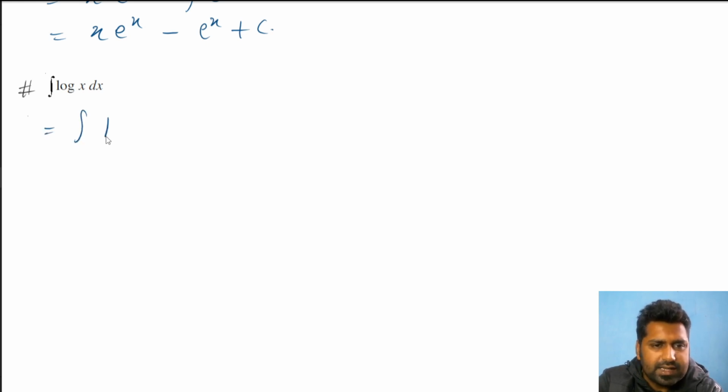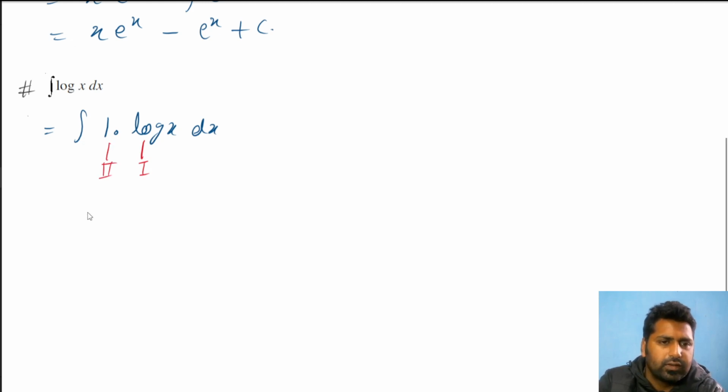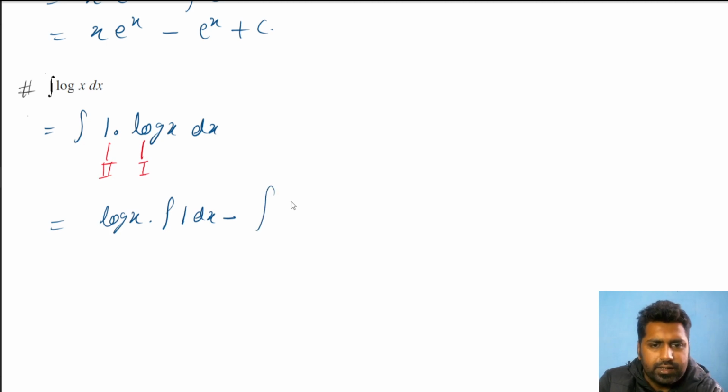So I'll modify this as 1 into log x, because 1 can be multiplied with anything. Consider now as your priority ILATE, inverse, and then L is for log. So this is your first function, this is your second function. So first function as it is, integration of second function, 1 dx, minus integration of the integration of 1 dx times the differentiation of log x.